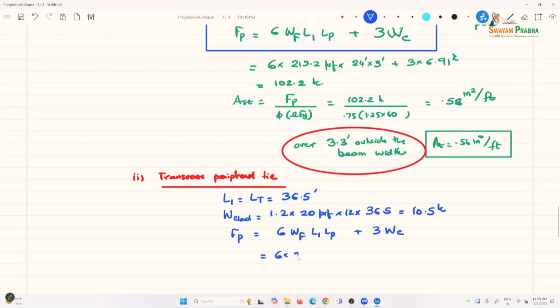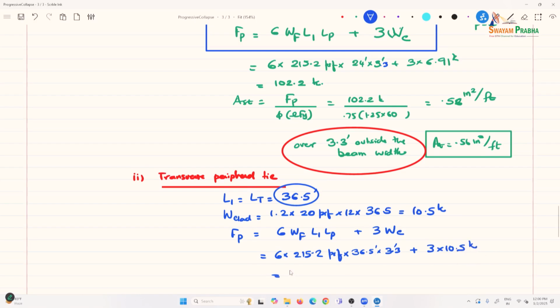So 6 times 215.2 multiplied by, now L1 is 36.5, but LP is 1 meter, this is also 3.3. So 3.3 feet plus, it's kind of strange they have that over a meter rather than feet, but that's the way they have framed it. So this is 10.5 kips.